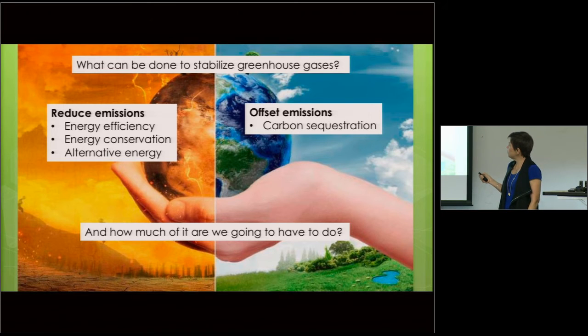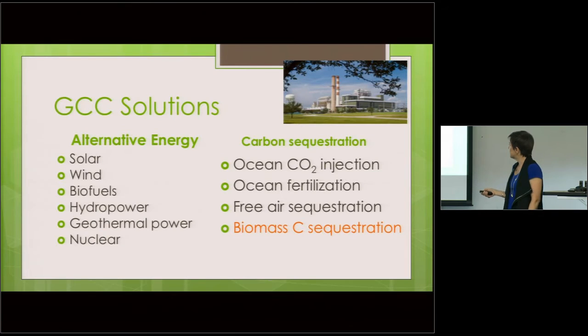How about offsetting emissions by carbon sequestration? A lot of ideas about carbon sequestration have been floated. Maybe that's kind of a pun I didn't actually intend.